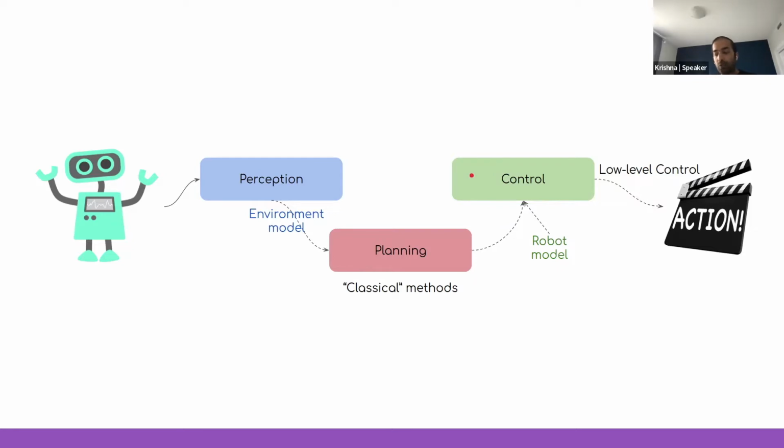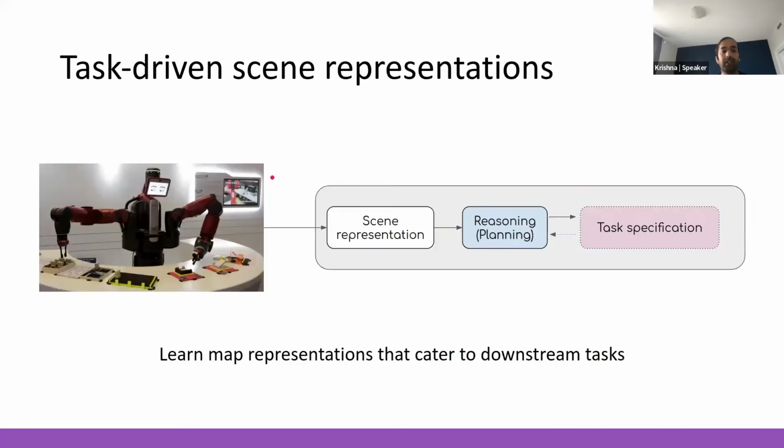So one aspect that I've been very intrigued about over the course of my PhD is how we can design models of the environment that are somehow amenable to downstream tasks.